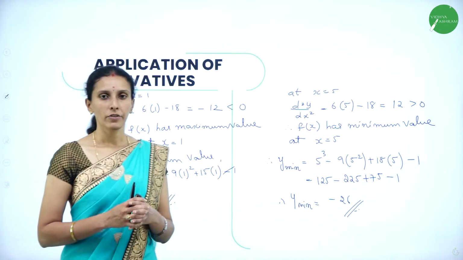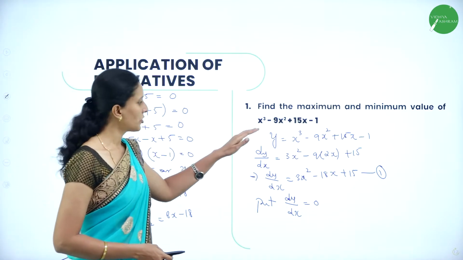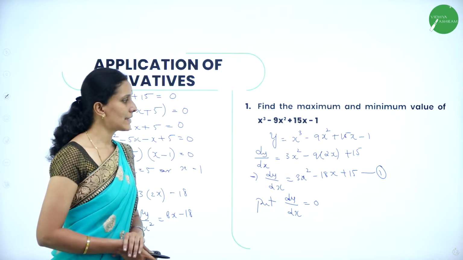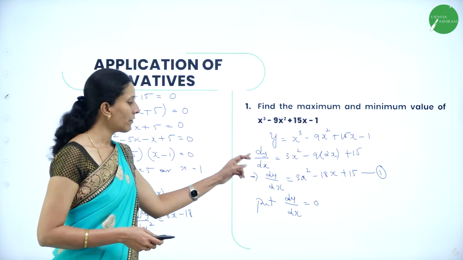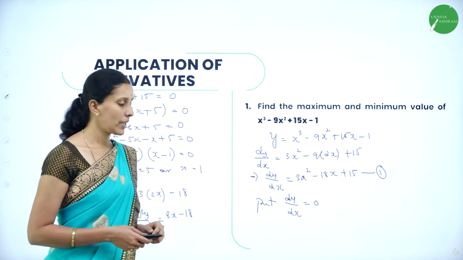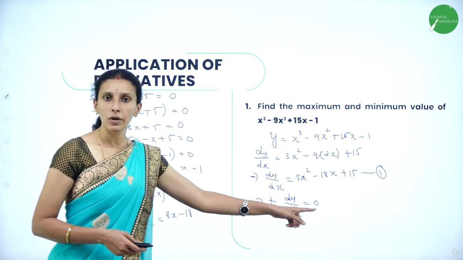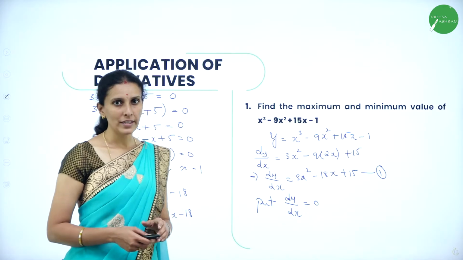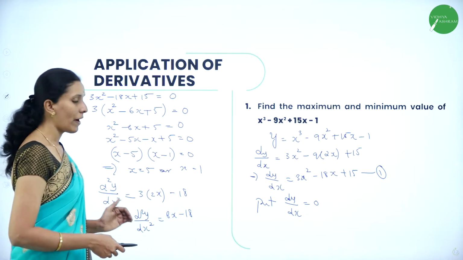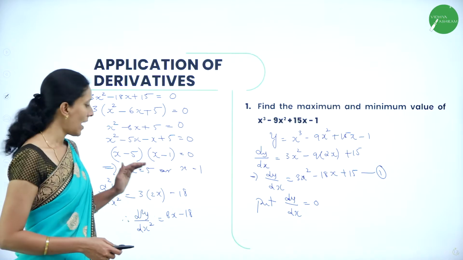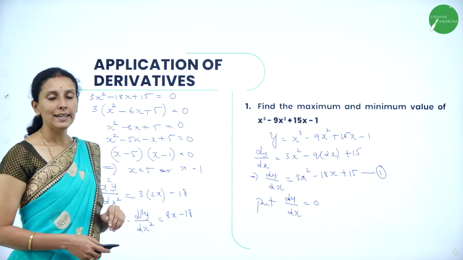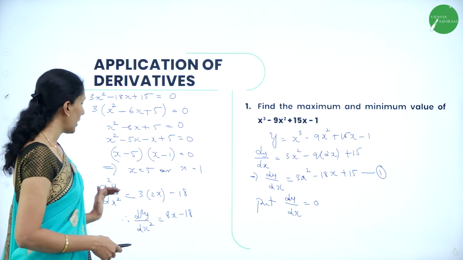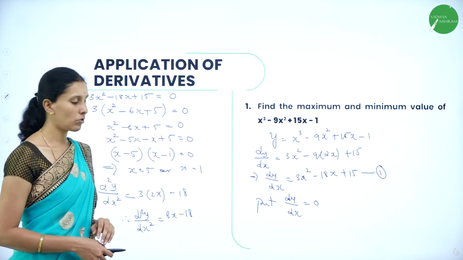So clearly you observe that we have a function y is equal to x cube minus 9x square plus 15x minus 1. According to step 1, derive the given function. Step 2 says put dy by dx is equal to 0 and find the values of x. Step 3 says find second order derivative and substitute the values of x in d square y by dx square.